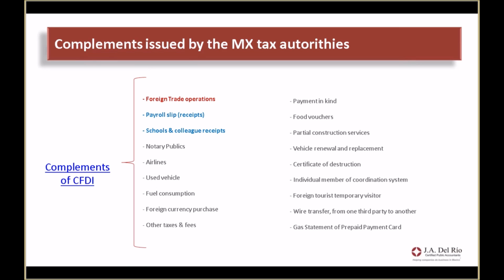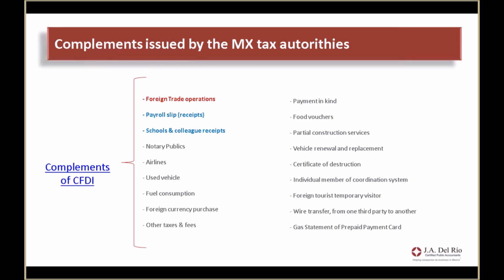For example, the one that says payroll slips or receipts. Here in Mexico, a couple of years ago, it was established that when an employer pays salaries to its employees, the employer must submit an electronic invoice to its employees as well.